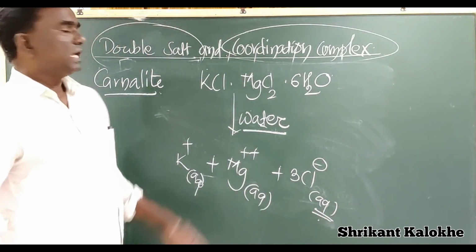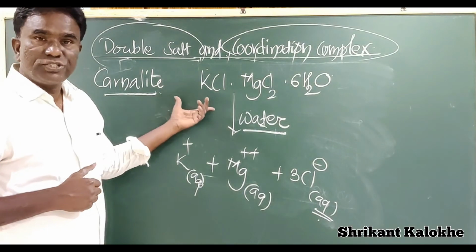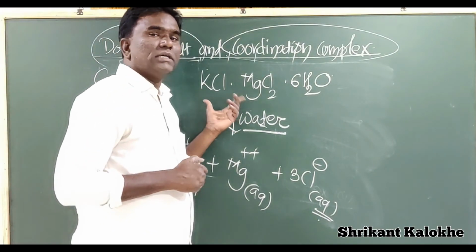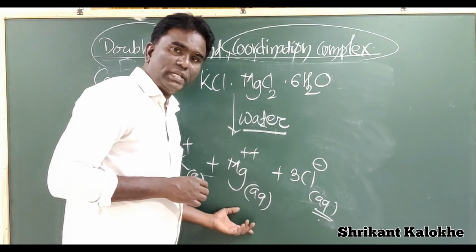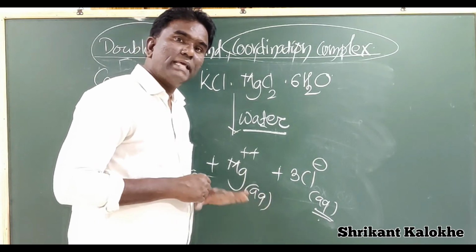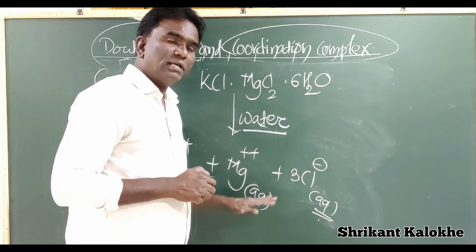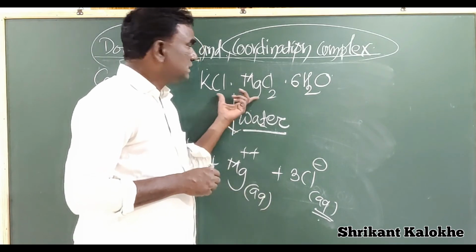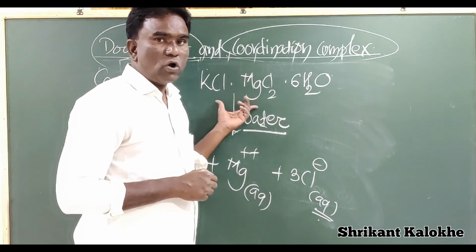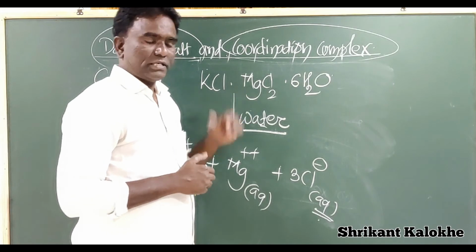That means each constituent ion has dissociated individually and there is no complex ion in the dissociation. That means this is a simple double salt and not a coordination complex.